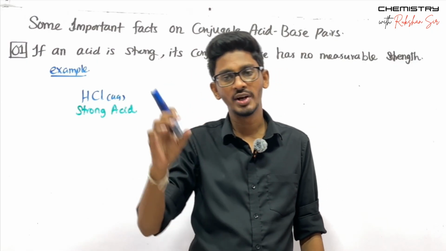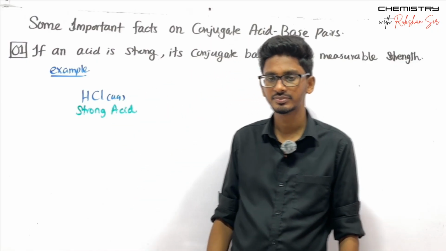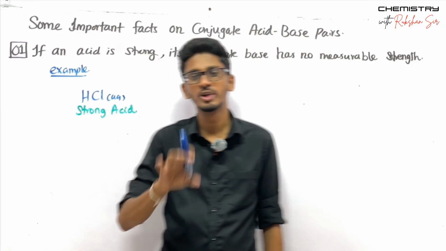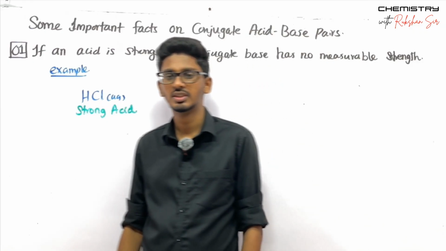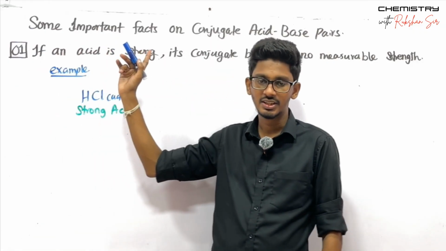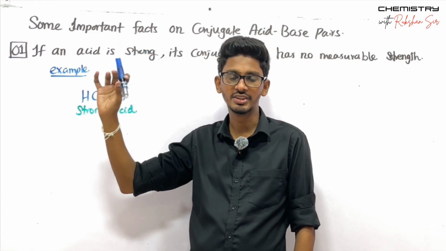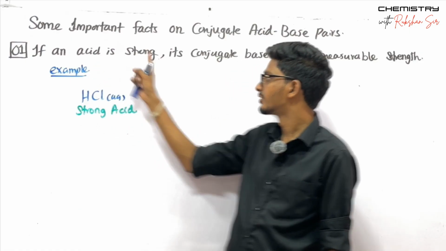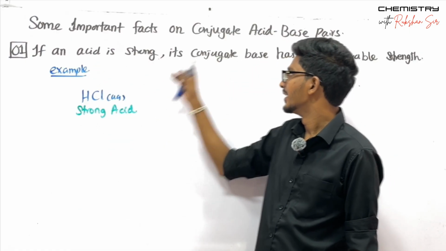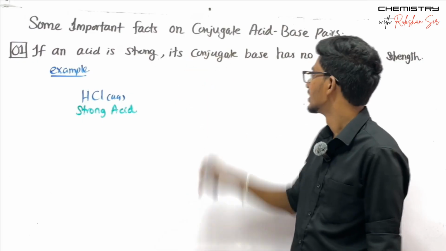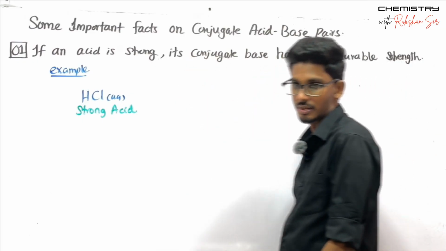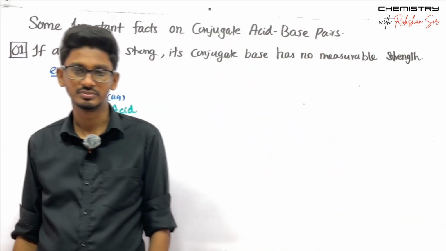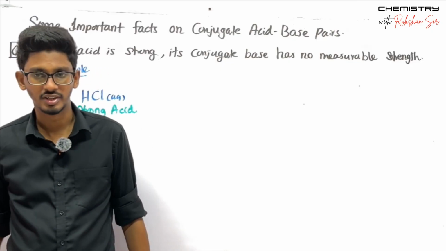If you remove one H plus from HCl, we come up with Cl minus. So Cl minus is the conjugate base of HCl. This statement says that Cl minus has no measurable basic strength. For a base, the strength means the basic strength, right?